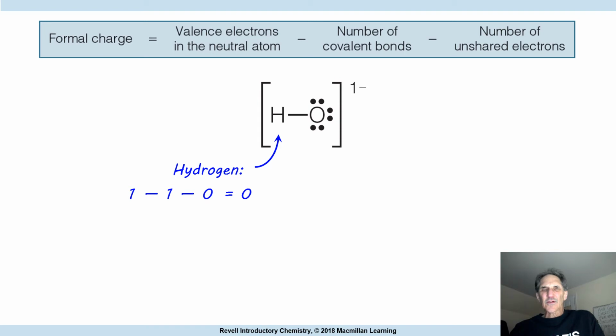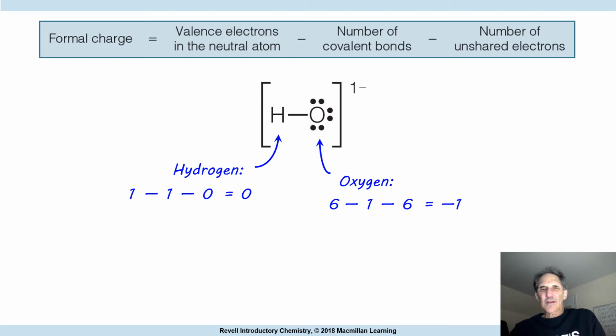So its formal charge is 0. Do the same thing for oxygen. Oxygen has 6 valence electrons where it's neutral. In this case, it's got 1 covalent bond, and how many unshared electrons are there? There's 6, 2, 4, 6, and what does that equal? -1.